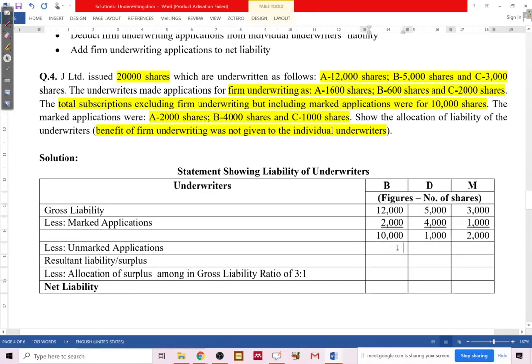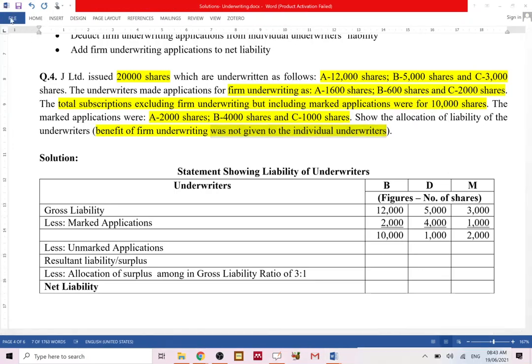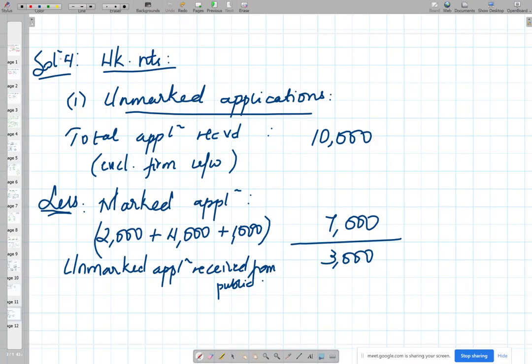Like if you have taken 2000, only 2000 will not get deducted from your liability. So a combined sort of benefit is given, but it is not given to individual underwriters. So what to do in that case? You have unmarked applications received from public, 3000.